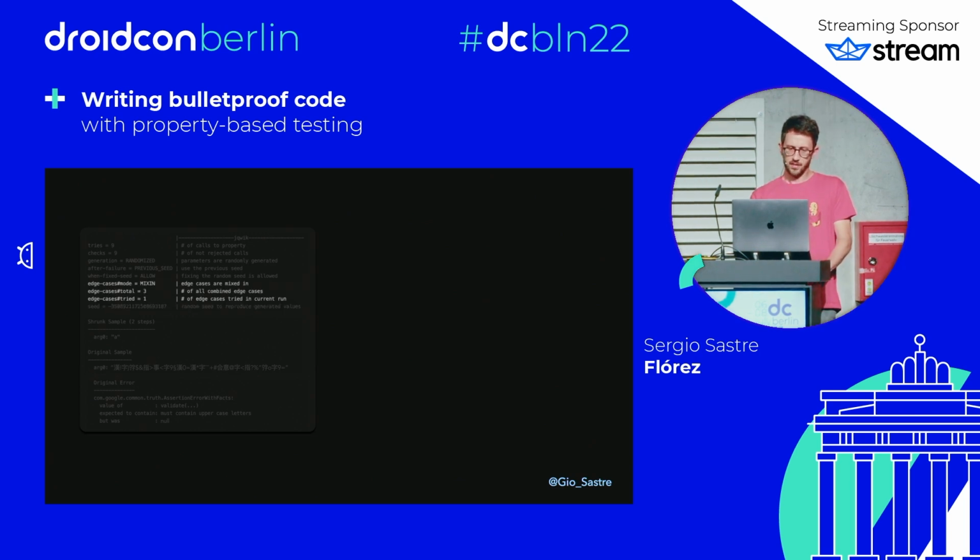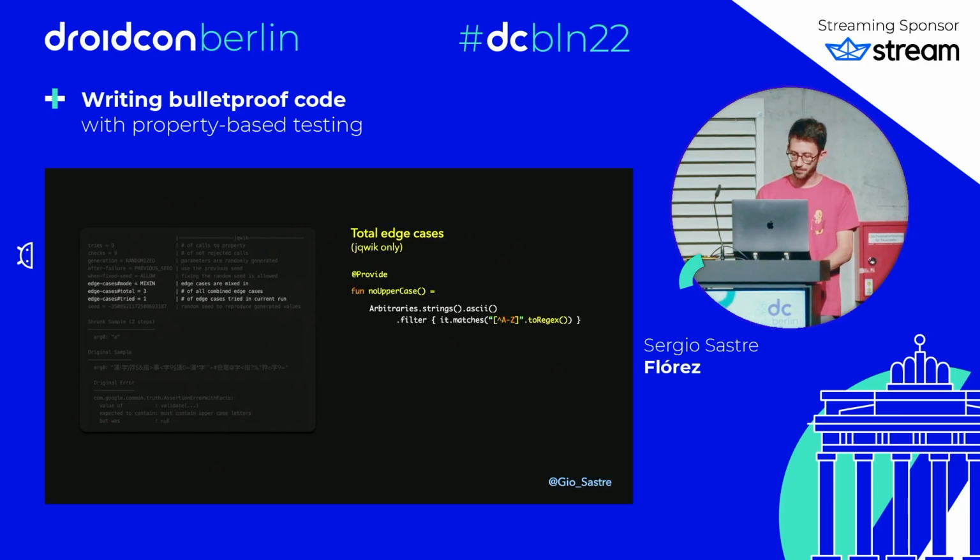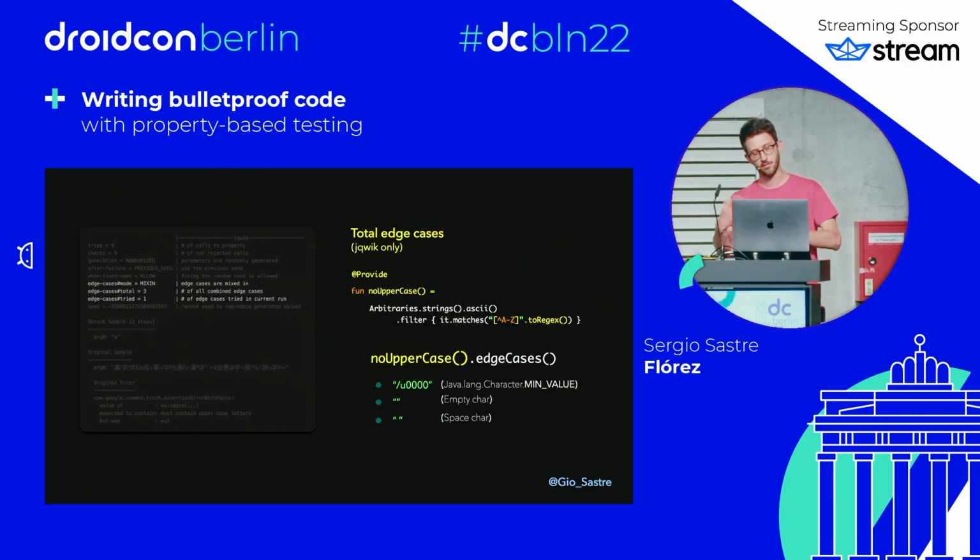So next are the edge cases. It's also part of the jqwik report. Here we can see that there are 3 edge cases, and jqwik has run one of them before failing. If we want to know what these edge cases are, the generators, these arbitraries, have a method called edgeCases that you can always call.